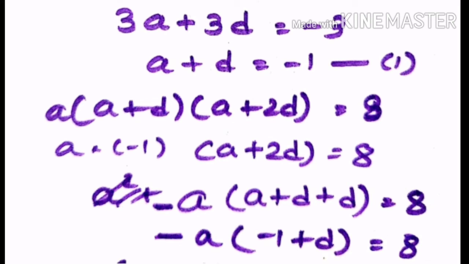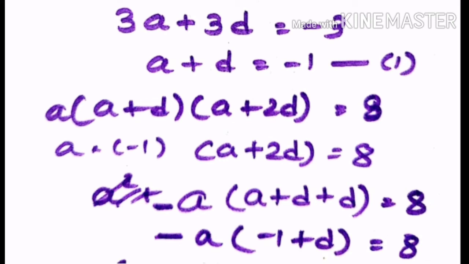One bracket is minus 1. I substitute here from equation 1. Now I multiply this minus 1 with a, so I get minus a. Then the bracket a plus 2d, which I have just opened like d plus d, meaning 2d I have separated as d plus d. Why did I do this?